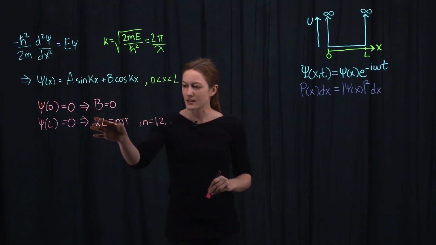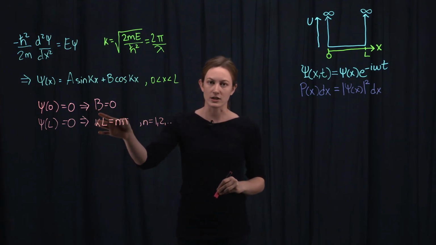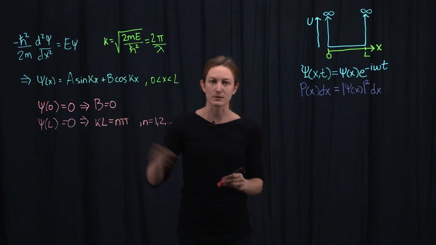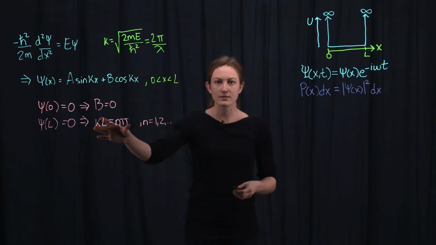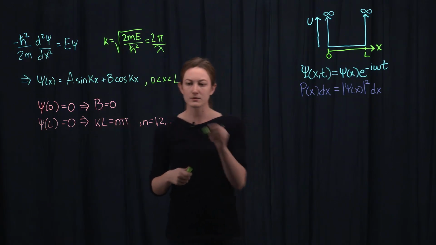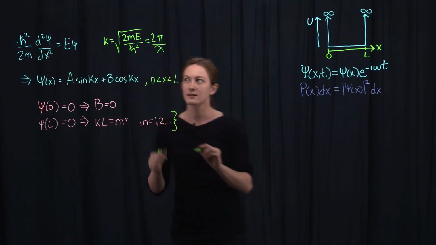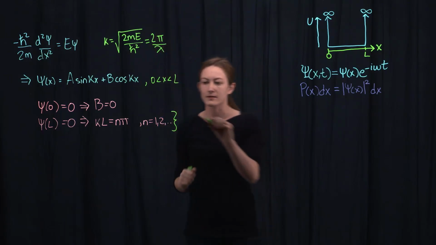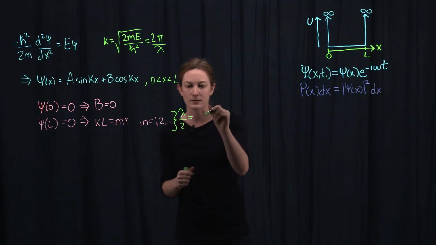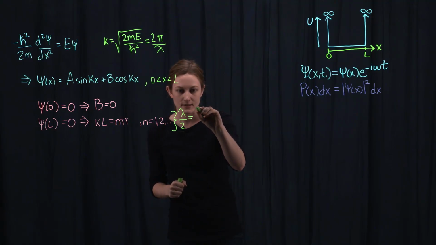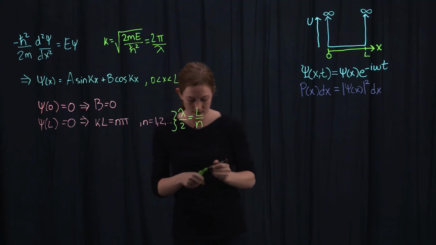And this is because n equals 0 would give a trivial wave function, so no description would be possible for n equals 0. A thing to note about this formula is that what continuity told us, given what we wrote up here, is lambda over 2 equals L over n.